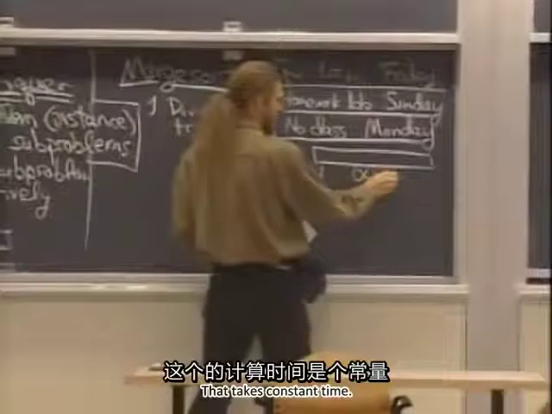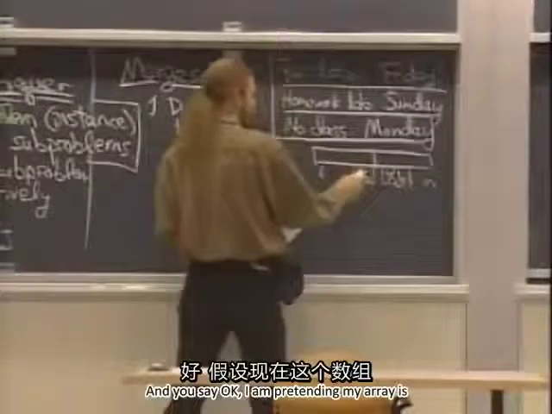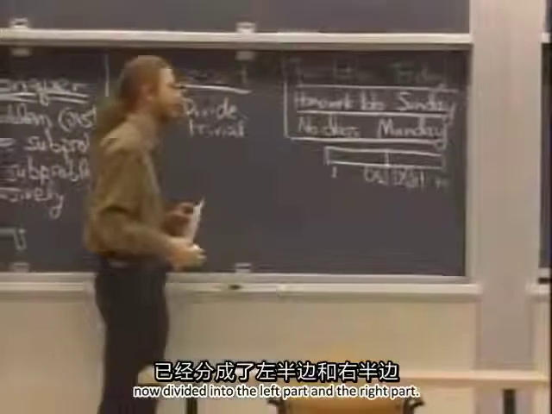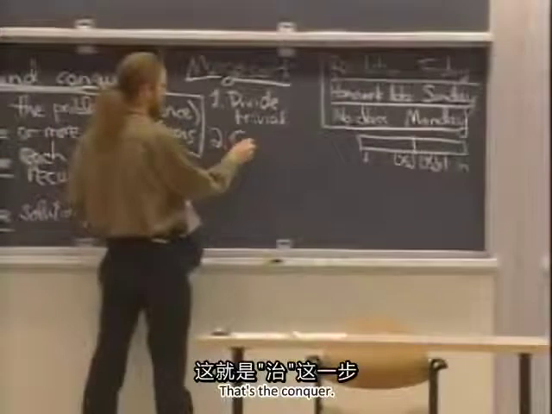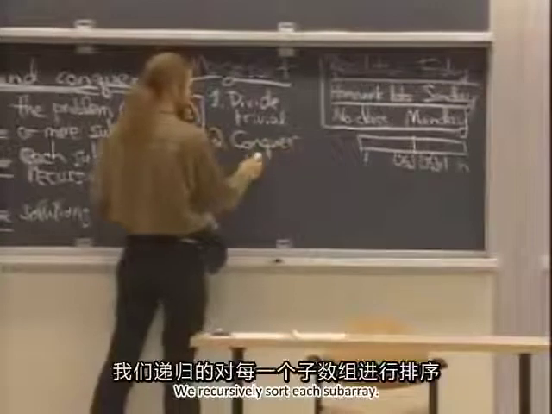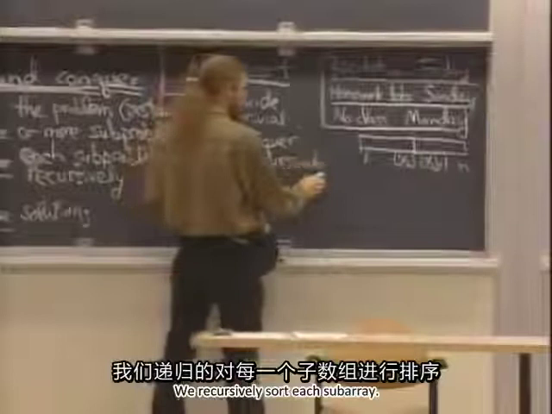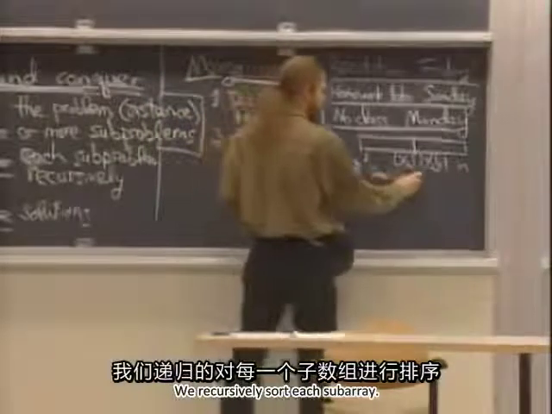Okay, that takes constant time. And you say, okay, I'm pretending my array is now divided into the left part and the right part. And then the interesting part is that you recursively solve each one. That's the conquer. So we recursively sort each subarray.